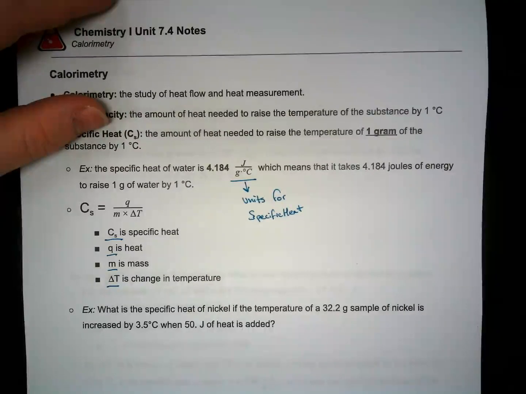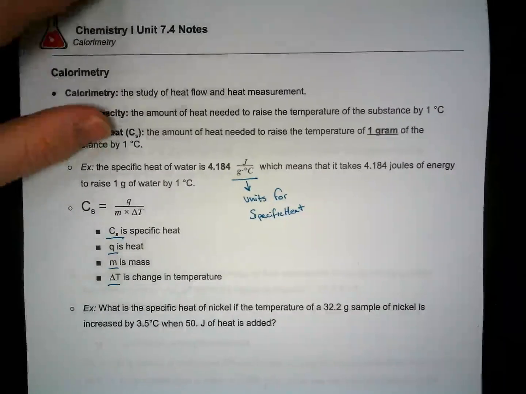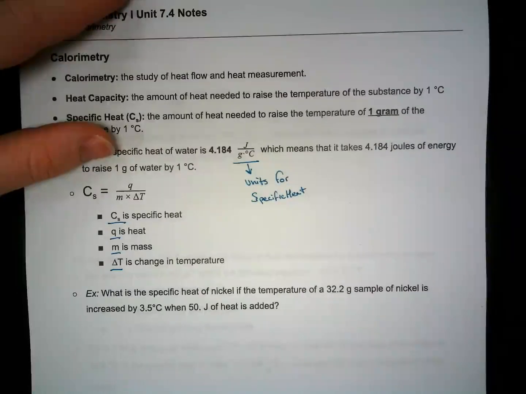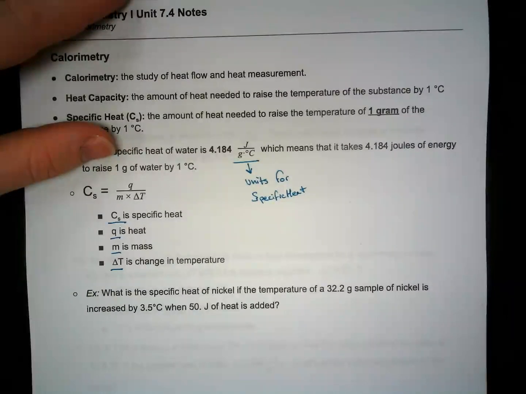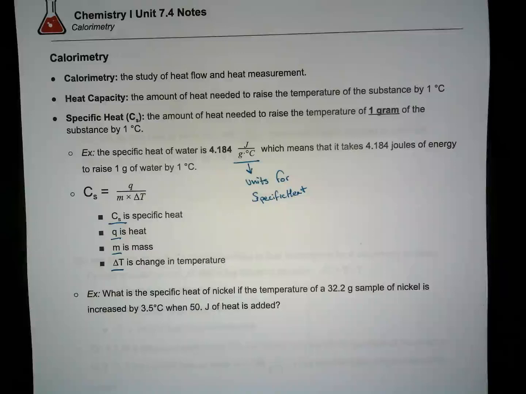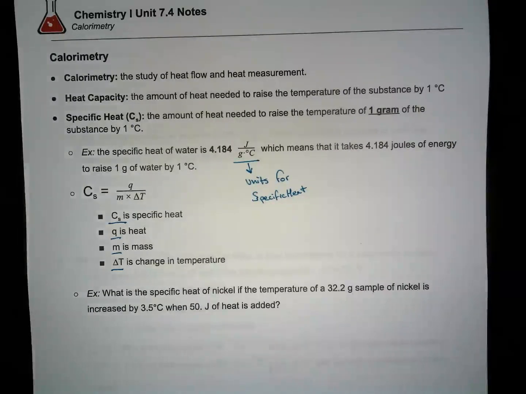Now, the way I'm going to be working through this, and the way that I encourage you, not only encourage, but I almost want to force you to do, is the work I'm going to show you on these examples, because there's going to be a whole lot of numbers tossed at you, and we have to take things slow, and we have to first figure out what we have and what we don't have. So this method I'm going to show you here is hopefully something you've seen before.